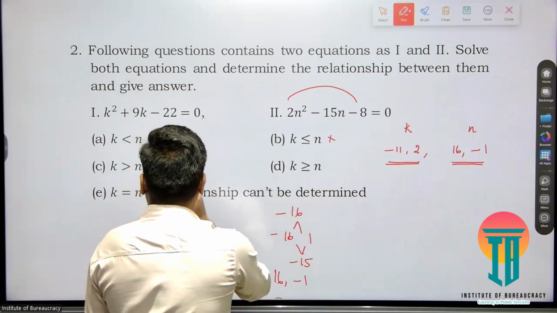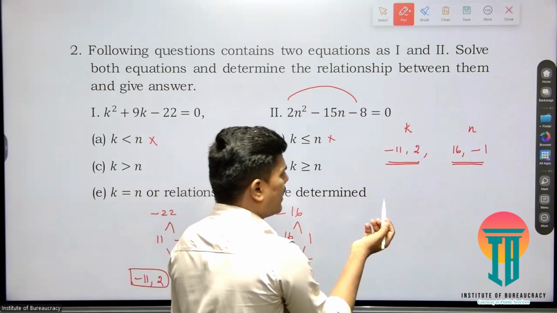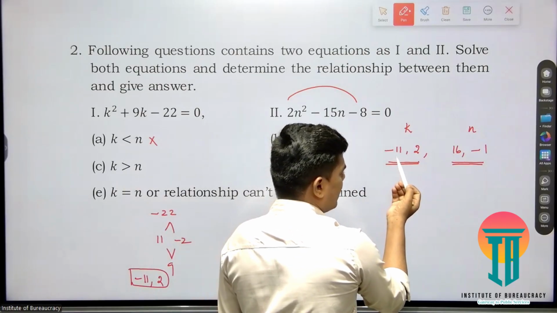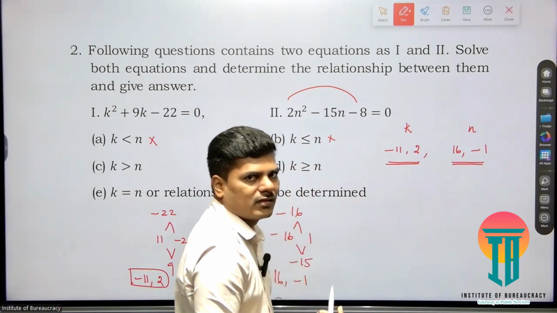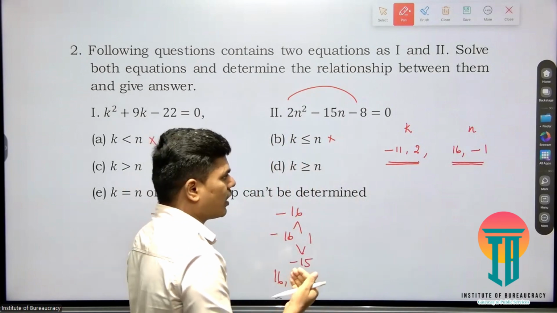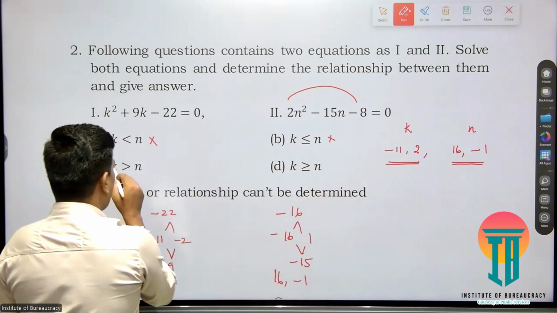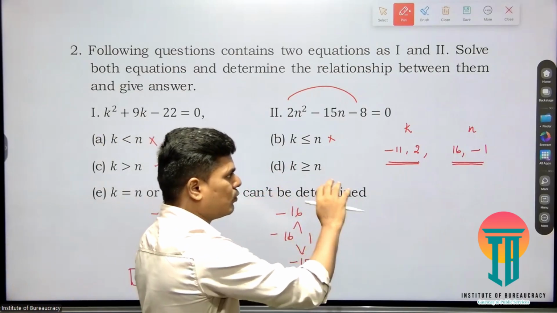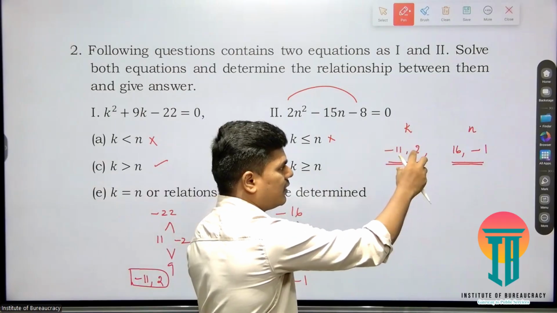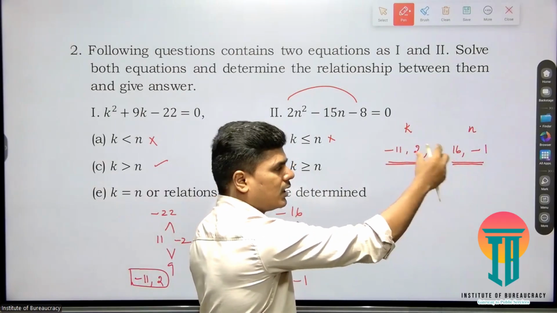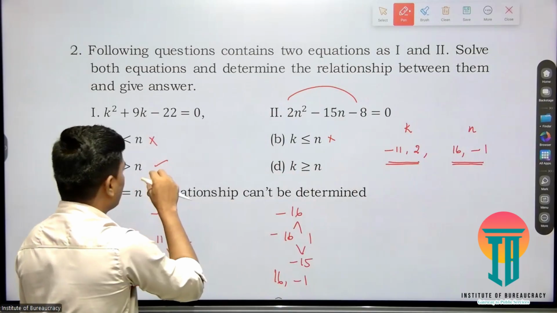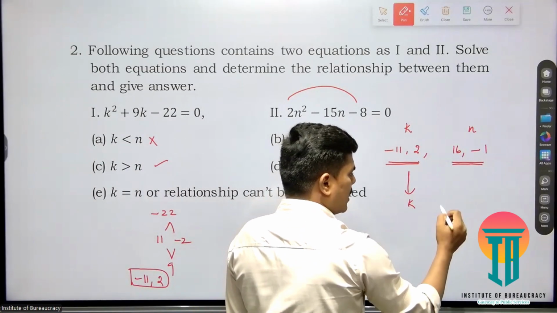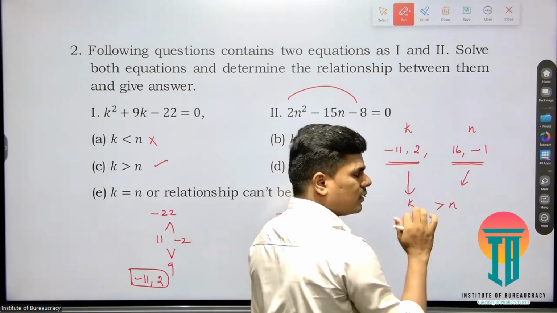Now let us take K greater than N. Again, minus 11 is not greater than 16. That is not going to work. If you want to answer this condition, the condition should be true for all. All the values of K and all the values of N, it should be true that K is greater than N. If I take any value here, it should be greater than any value here.